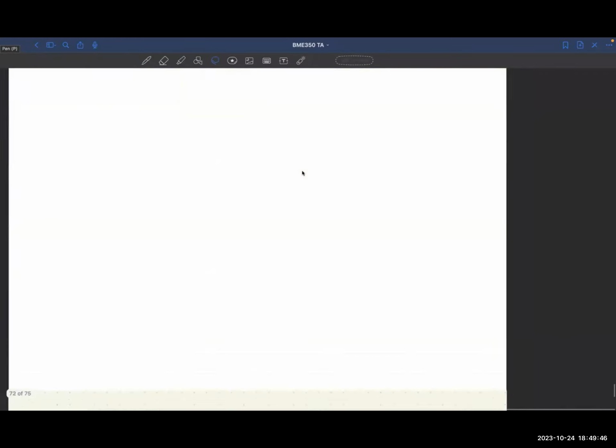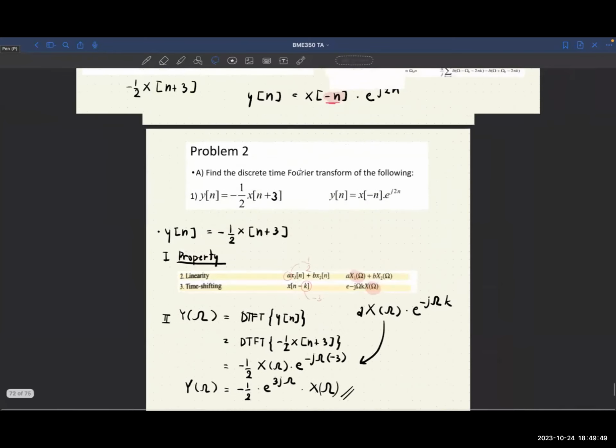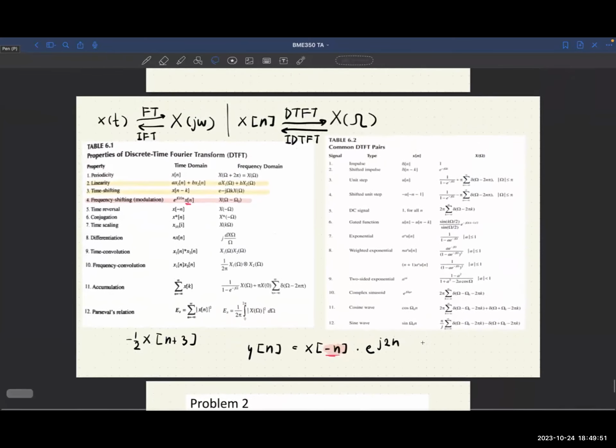Okay, let's look at the table. This is our X omega.